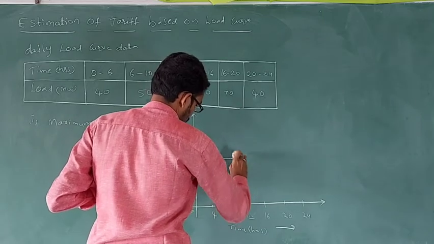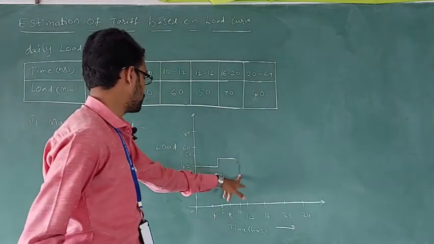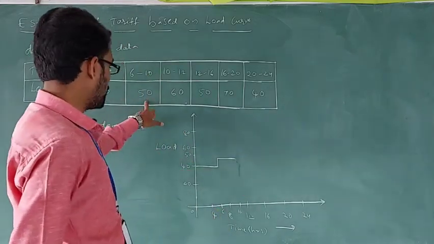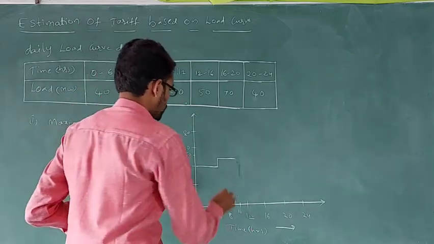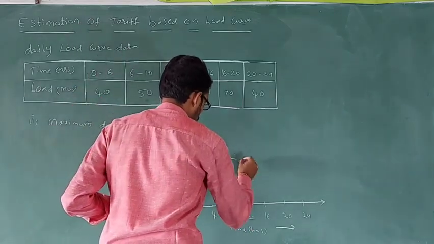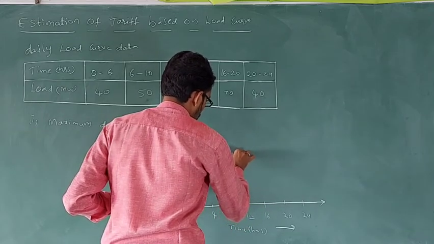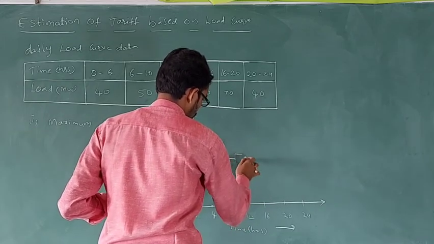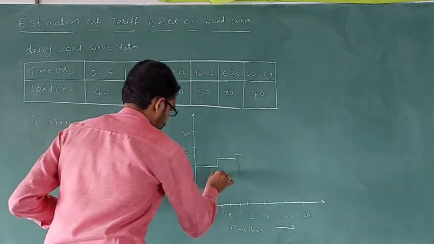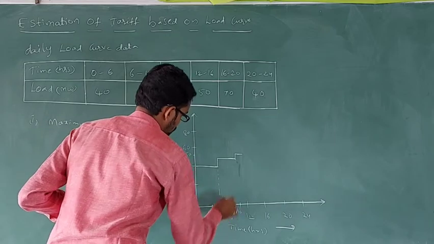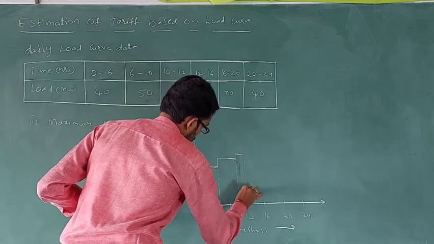So, up to 10 it is 50 megawatts, and then 10 to 12 it is 60 megawatts. Again the load is increasing up to 12. Up to 12 you can draw the dotted lines, it is up to 10 and this is up to 12.